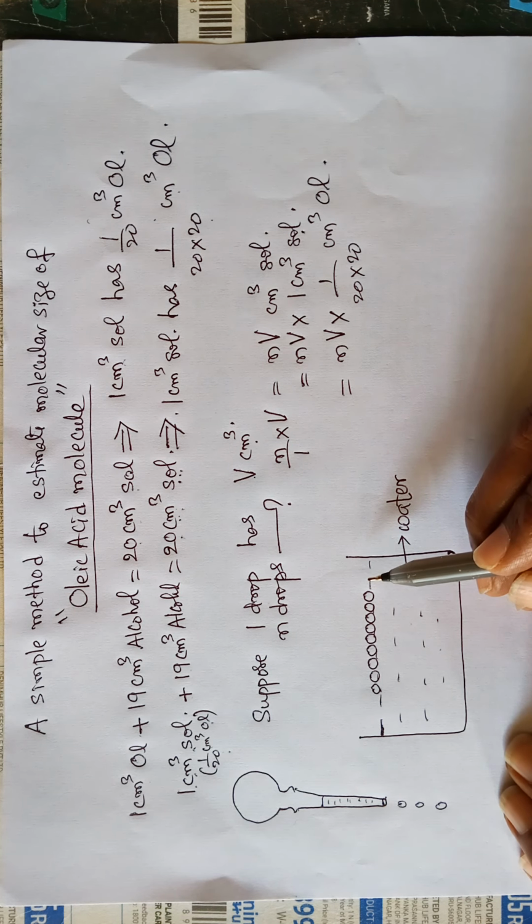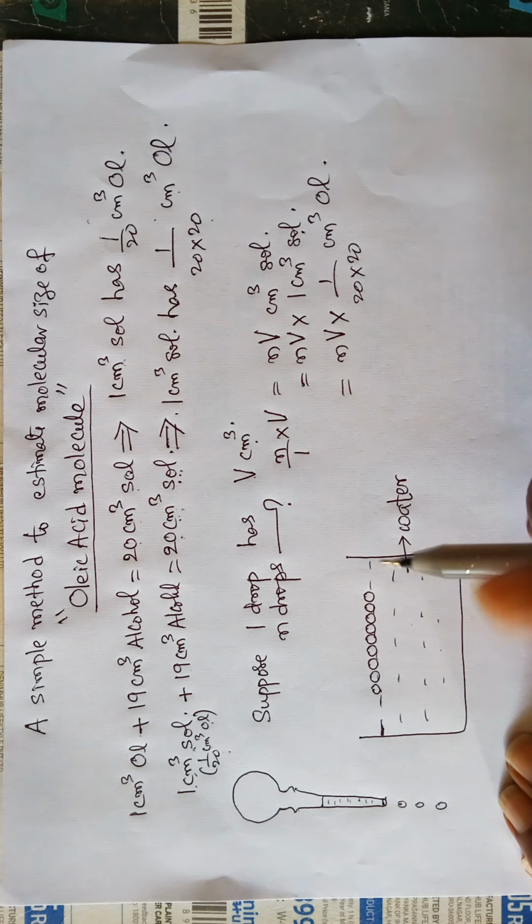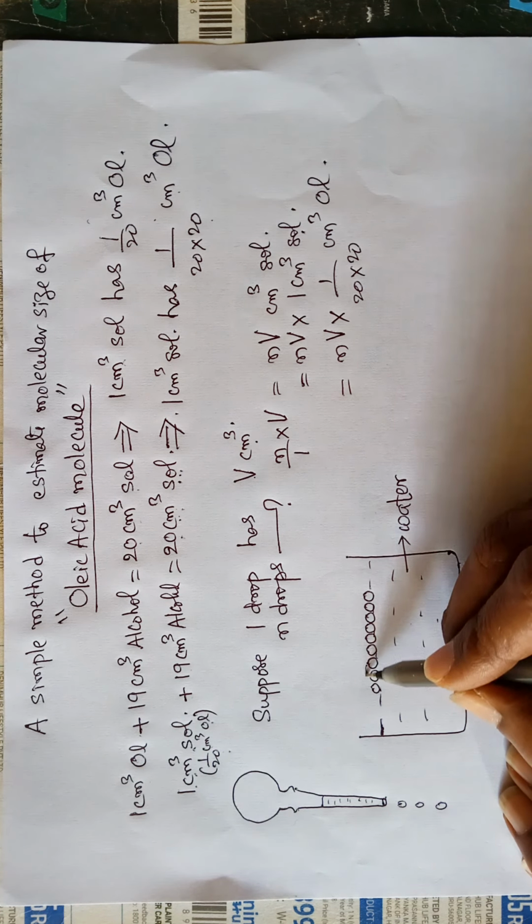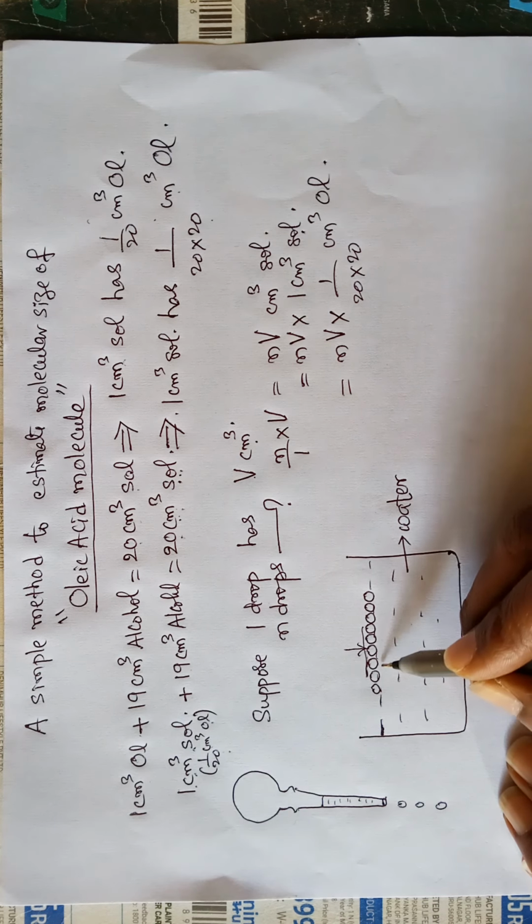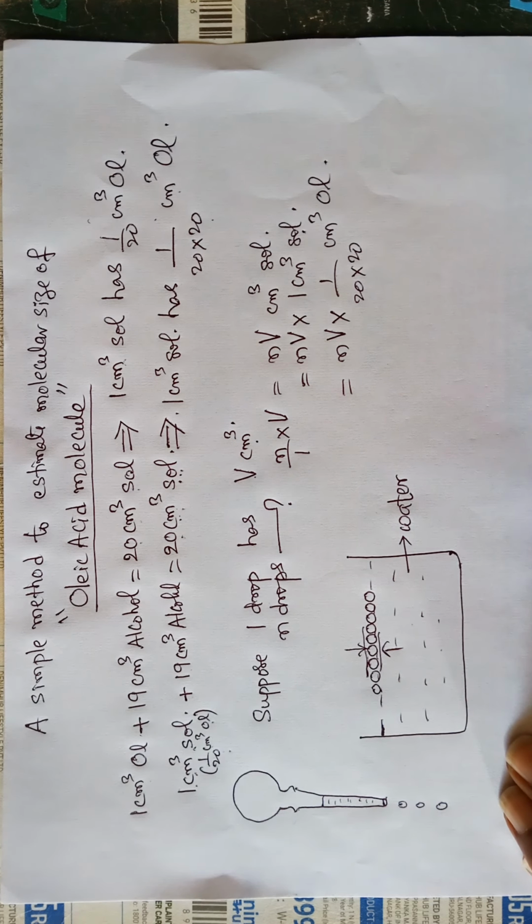So now it is very easy to find. If you find the thickness of the layer, suppose this is the thickness. This is the thickness of the layer. The thickness of the layer will be the diameter of the molecule.